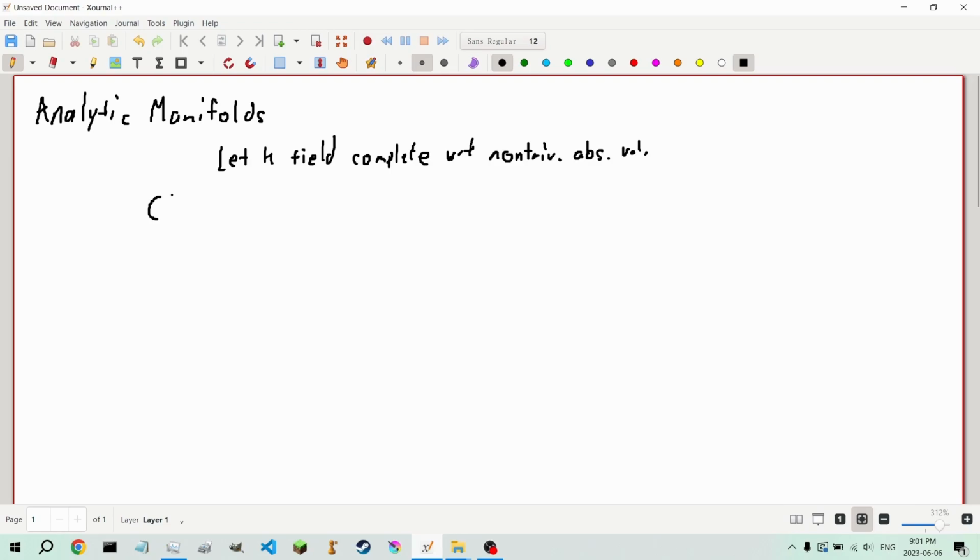First topic there is charts and atlases, which is how we set up a manifold if you haven't seen this idea before.